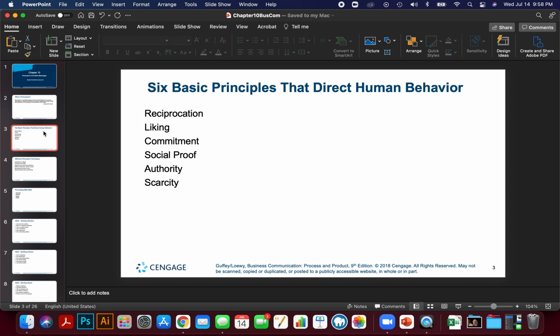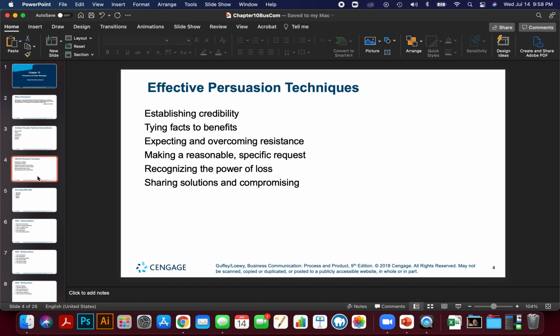If you think about it, anything that you've done today probably has been a result of one of these 6 basic principles. Very, very simple, but also very, very effective.